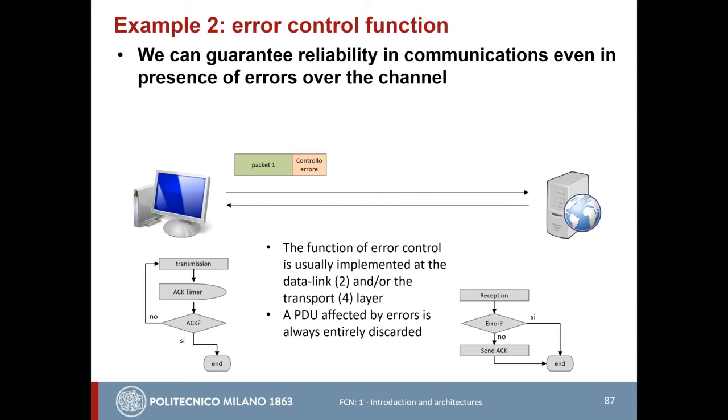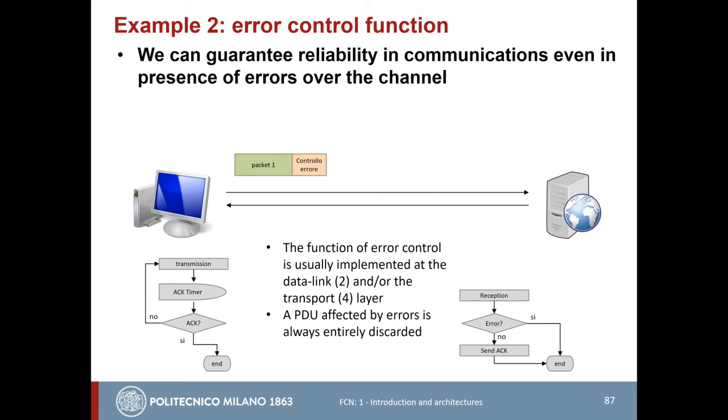The other typical function is error control, because nothing in real engineering is completely error-free, 100%. It's impossible. So you may always have errors while you are propagating information. But the service that is required by certain applications must be completely error-free.